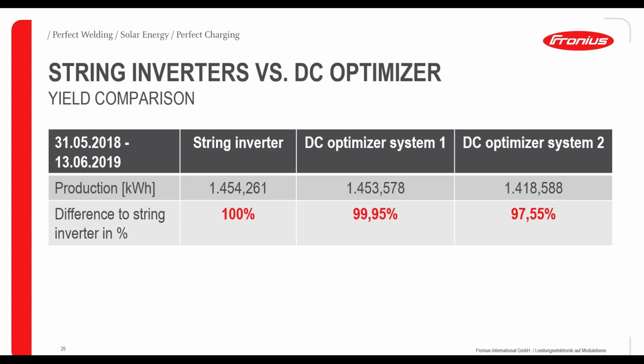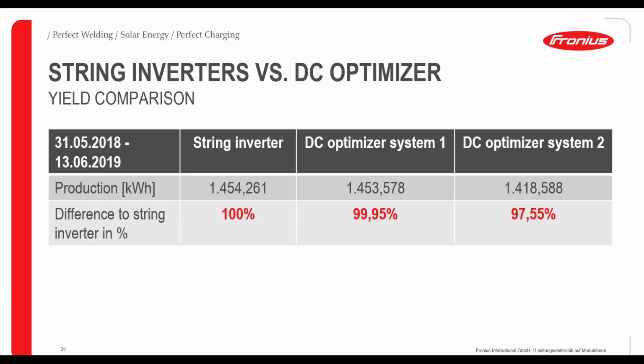So actually 2 DC optimizer systems were compared there, and both systems had less production than the string inverter. So if you compare that now over the whole year with different scenarios of low to moderate shading, we still are running better with a string inverter.